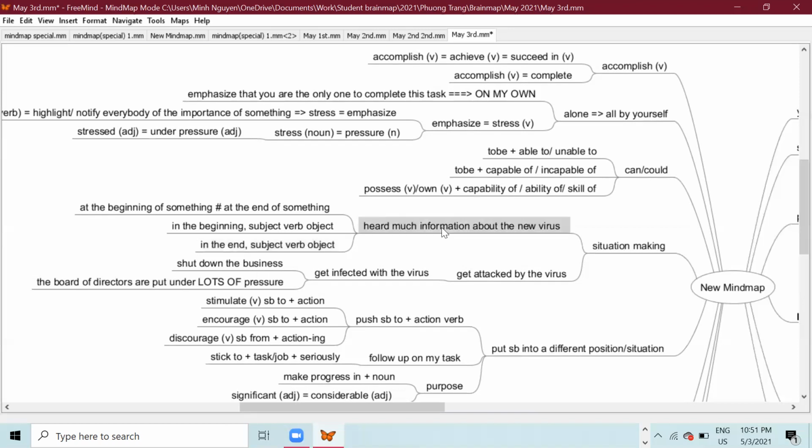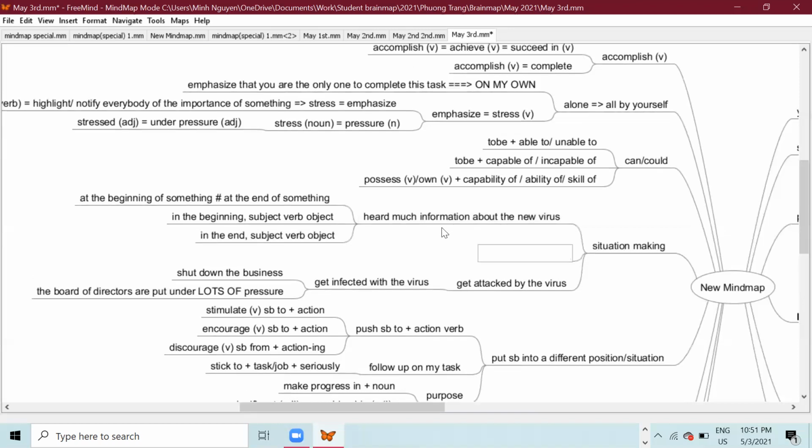Next sentence: heard much information about the new virus. Heard, you can say that we heard. We, people, you use the word people, or you can use the word we heard, we heard of. One more word, of. If you want to stress the kind of information that you hear from some sources, please use a word like heard of.